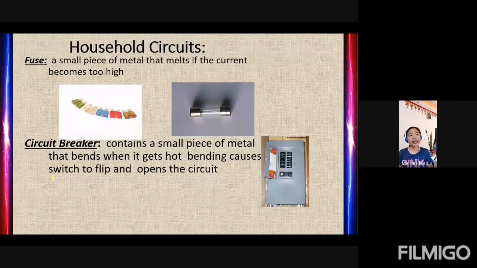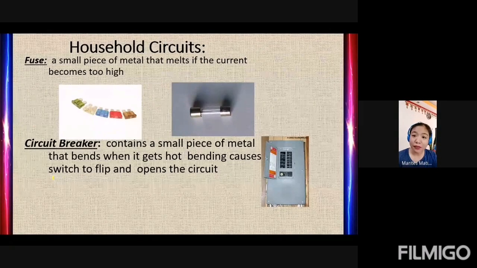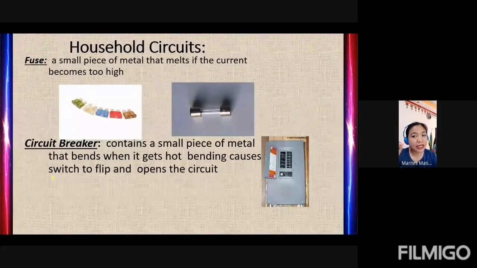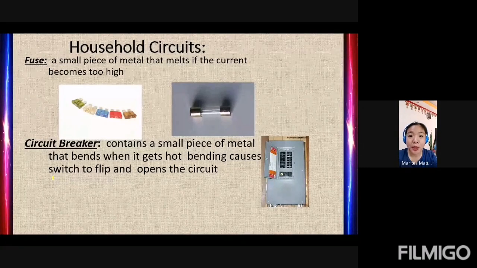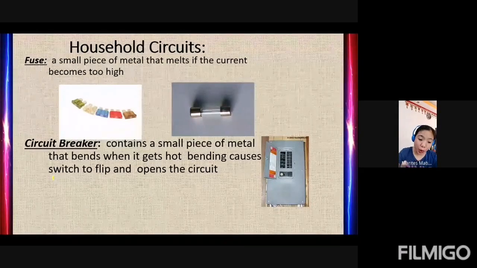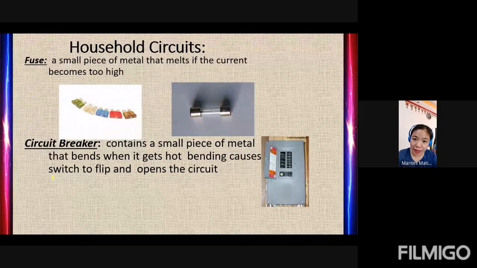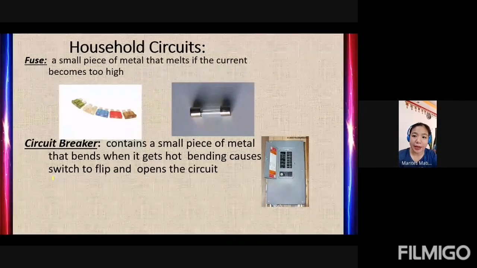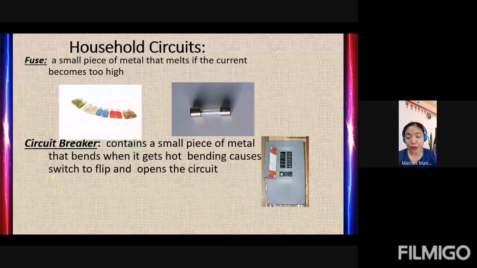Ito kasi ang kagandahan ng circuit breaker ngayon, once na nagkaroon ng malfunction sa kahit na anong appliances natin, nagkaroon ng short circuit, kusang nag-off na yung ating circuit breaker. Kusa siyang nag-open yung circuit natin, para maiwasan natin yung sunog.